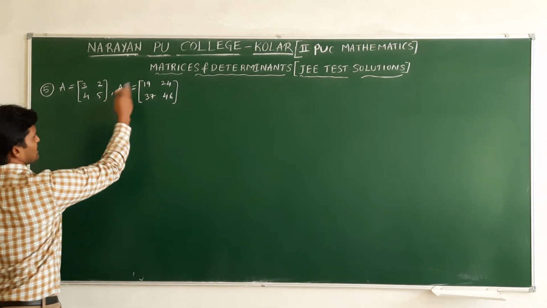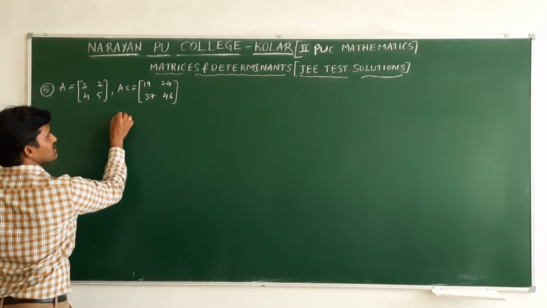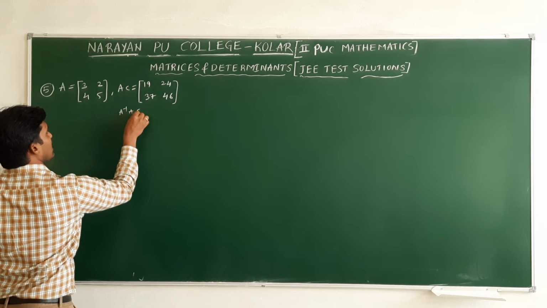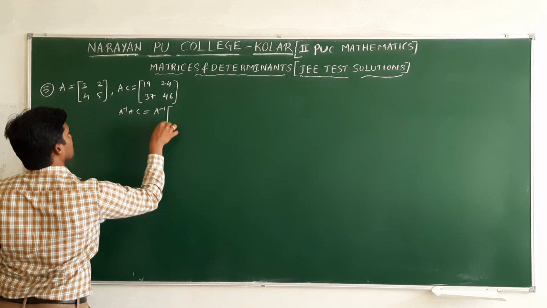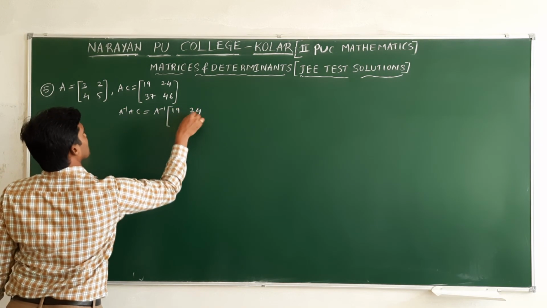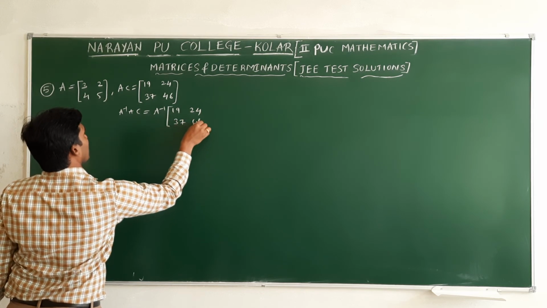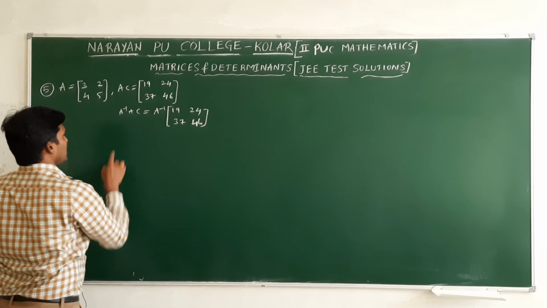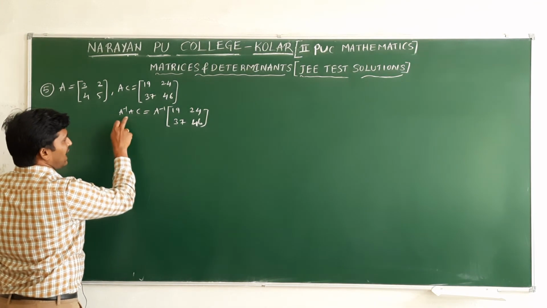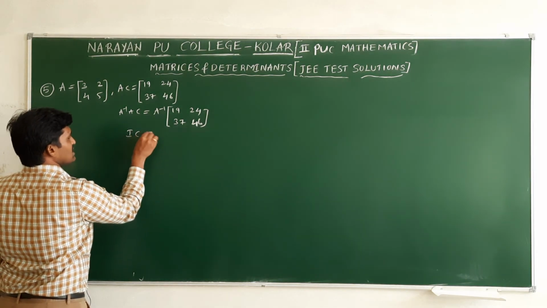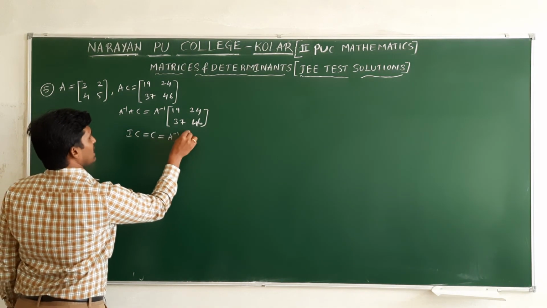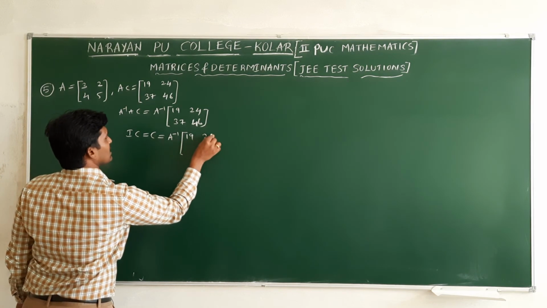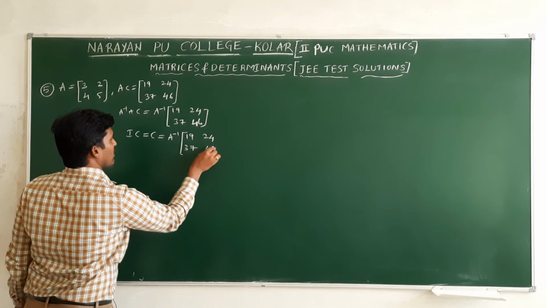If you send A that side, pre-multiply with A inverse: A inverse into A into C equal to A inverse into the matrix 19, 24, 37, 46. A inverse into A, that is clearly I into C, that is C matrix, equal to A inverse into 19, 24, 37, 46.